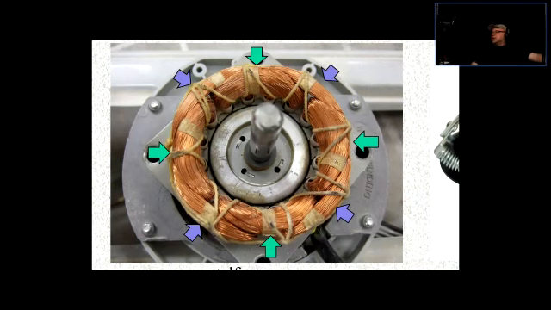Good. So let's say the green windings right here. Here's a winding. Here's a winding. Here's a winding. And of course, here's a winding. So look at the green windings. Let's say this would be the main windings.